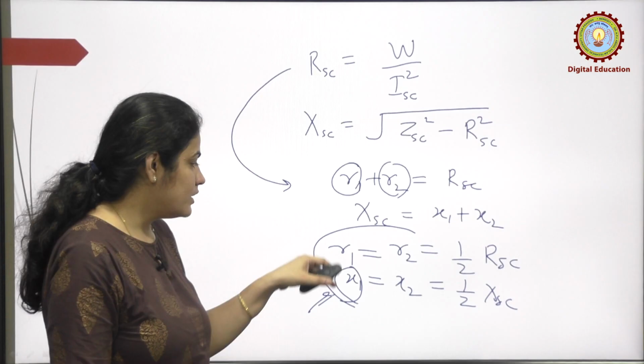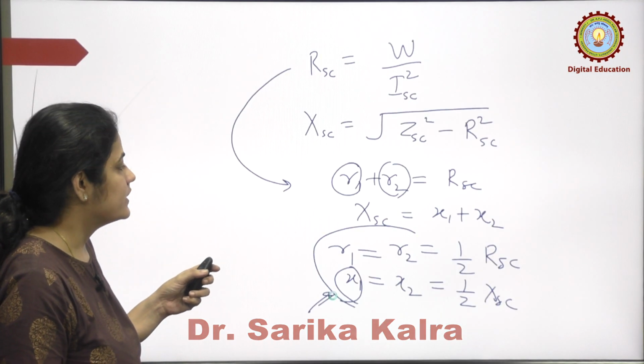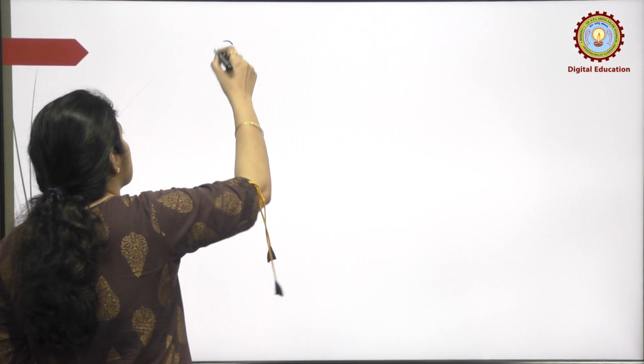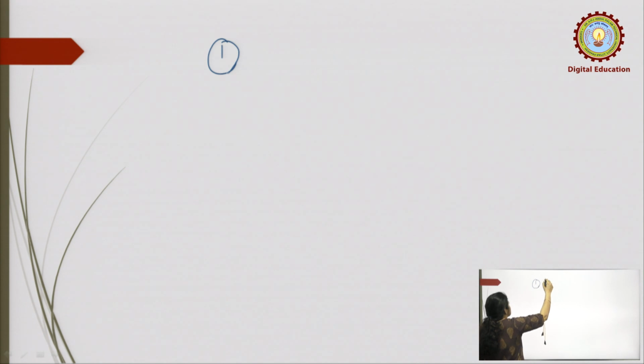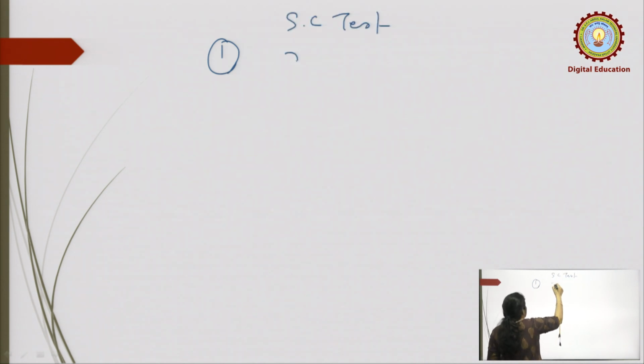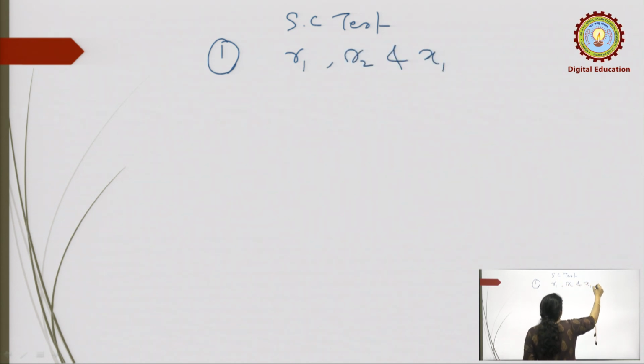So, all these parameters you will find with the help of this short circuit test. R1, R2 and X1, X2.